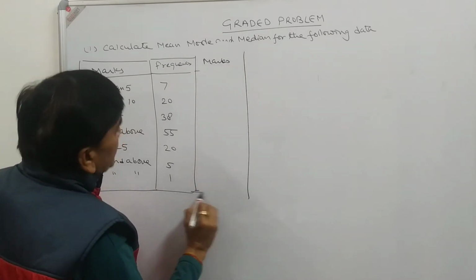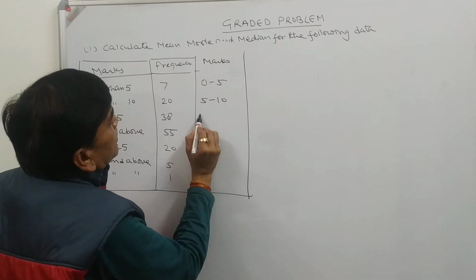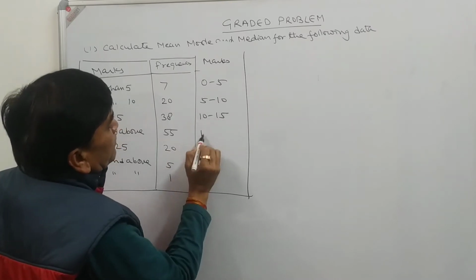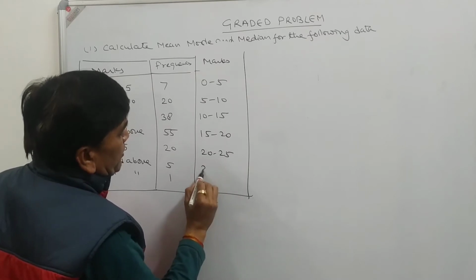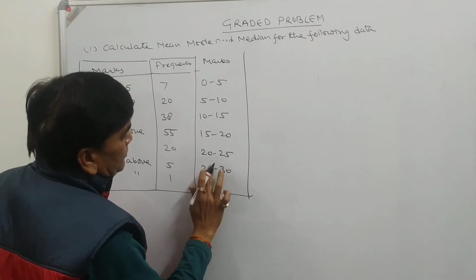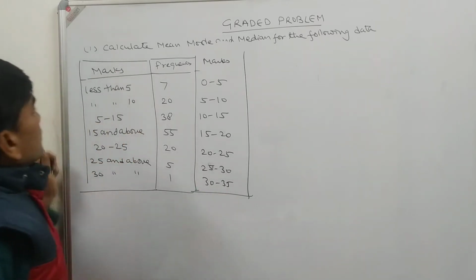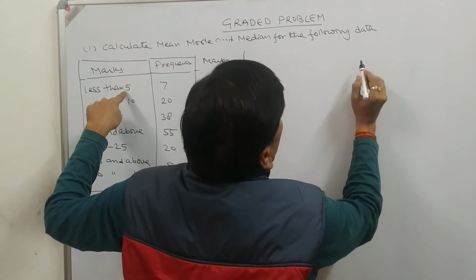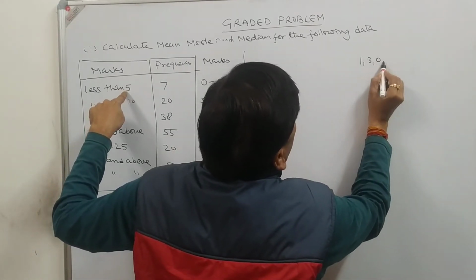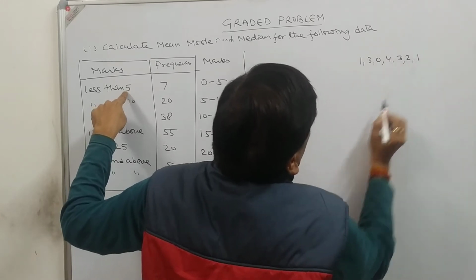So the marks class intervals are 0 to 5, 5 to 10, 10 to 15, 15 to 20, 20 to 25, 25 to 30 and last 30 to 35. Marks less than 5, suppose this is given: 1, 3, 0, 4, 3, 2, 1.